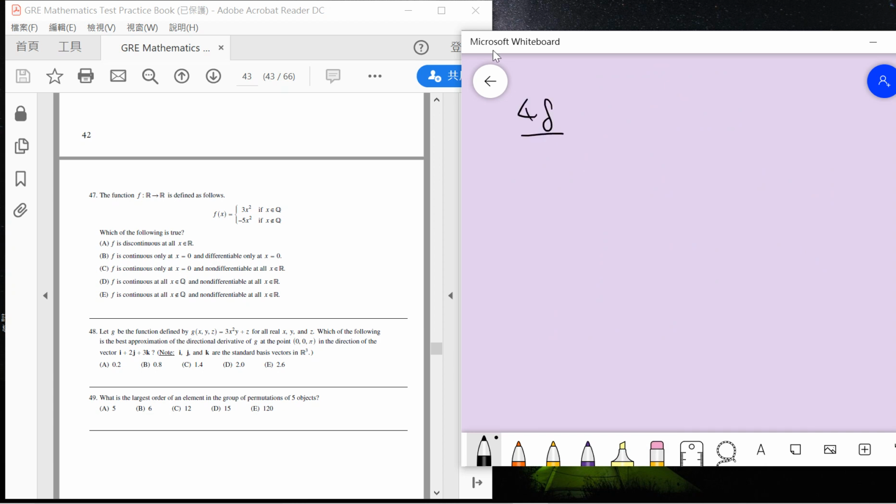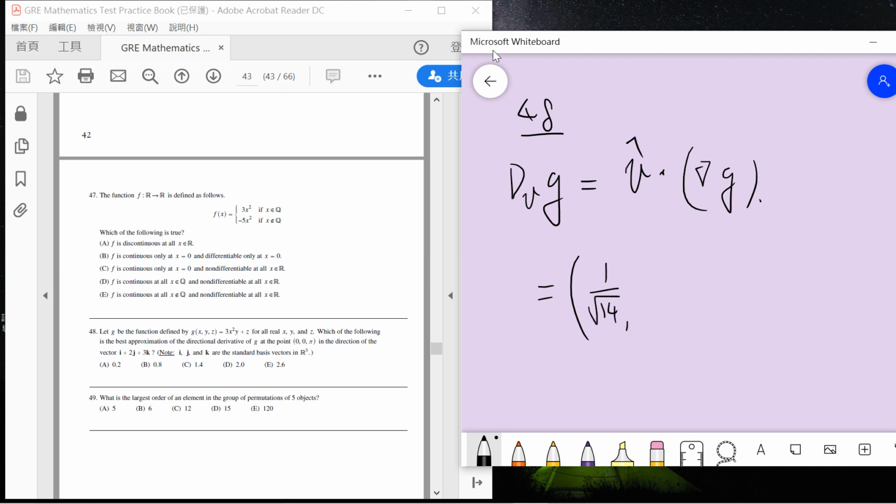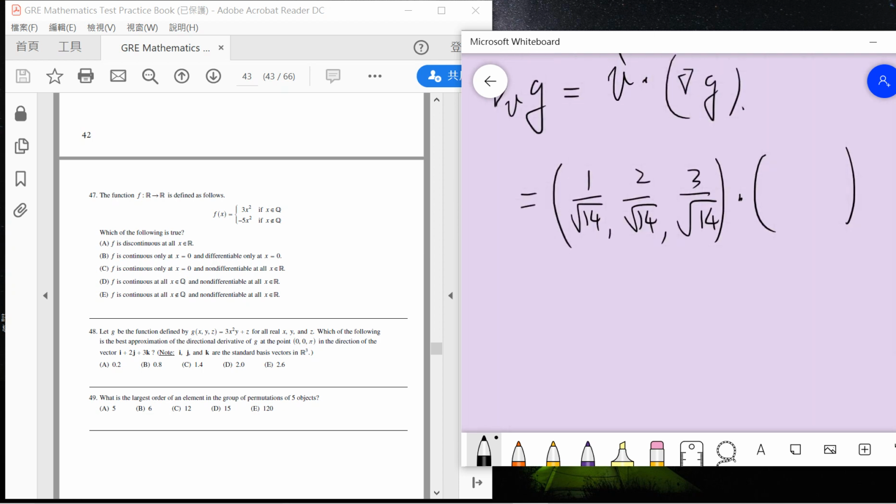48 is very easy, it asks you about the directional derivative. So the directional derivative is equal to the direction inner product with the gradient. Okay. So the normalization of the direction is 1 over square root of 14 times (1, 2, 3) times the gradient of g.